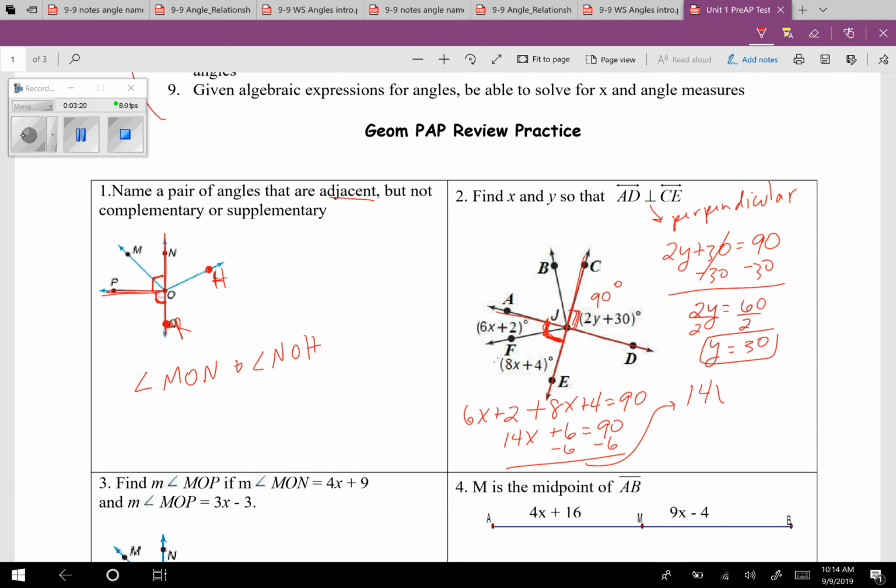So you get 14x is equal to 84. And if you divide by 14, you get the x is 6. So the key here is that you recognize that, number 1, perpendicular lines make right angles, and that this one over here is 90 on its own, and that these 2, they're complementary because they're adding up to 90. So the 6x plus 2 plus this 8x plus 4 equals 90.